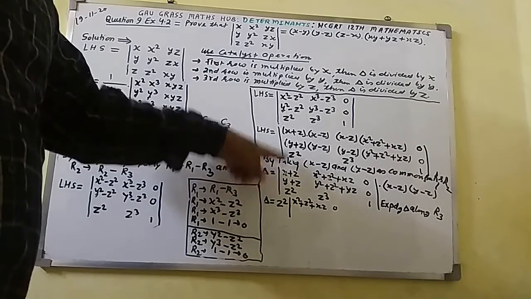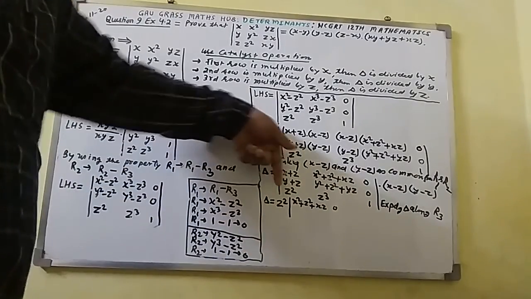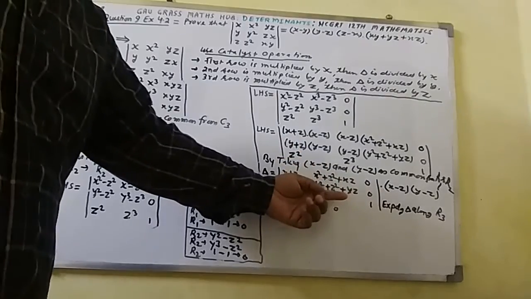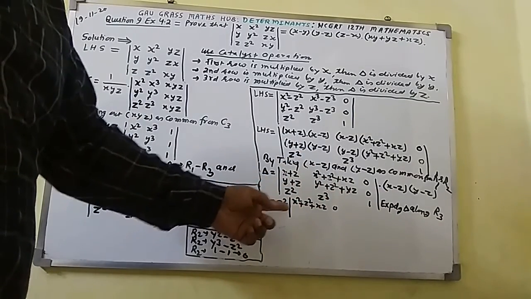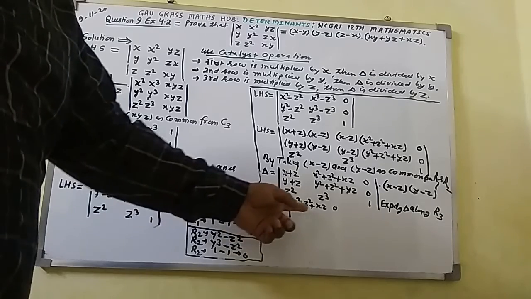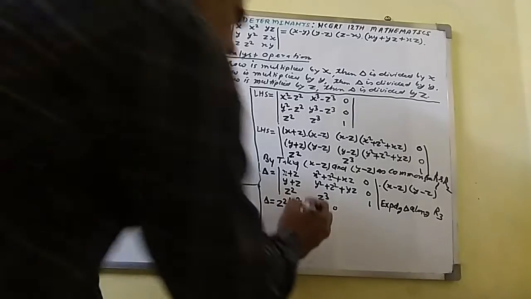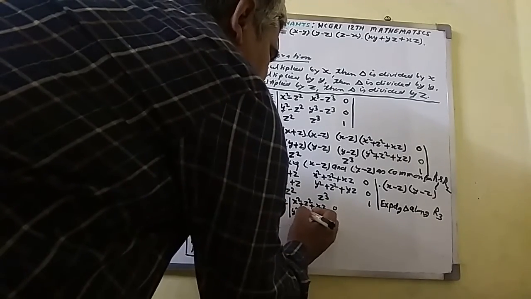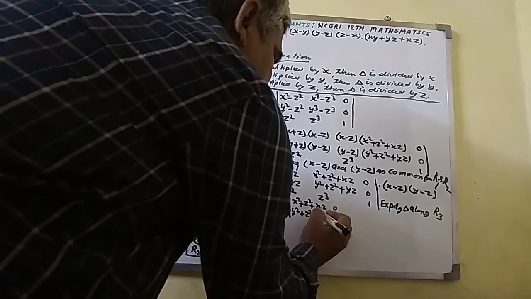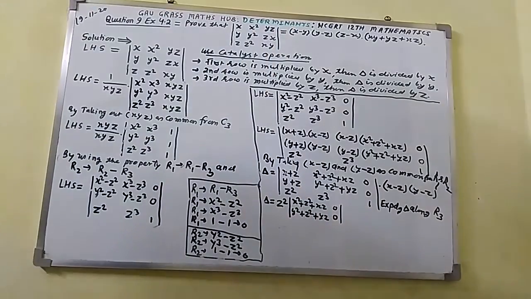Z square is there in the first column and third row. The first column and third row will be hidden. You will get the minor of z square here as x square plus z square plus xz, 0. Here you will get y square plus z square plus yz. Here get 0. This will be the minor.